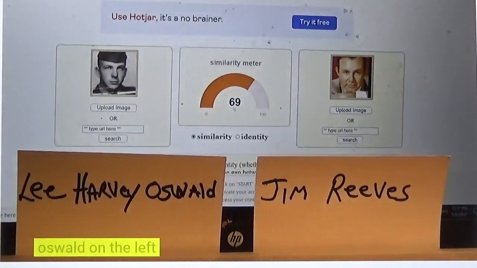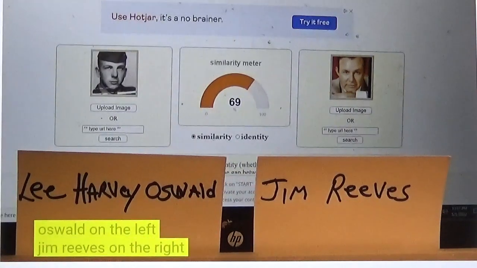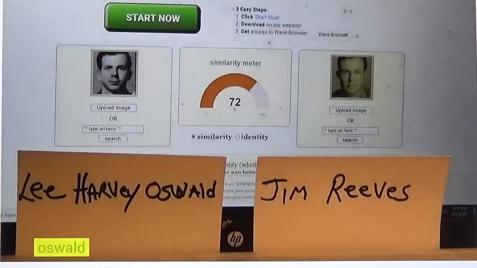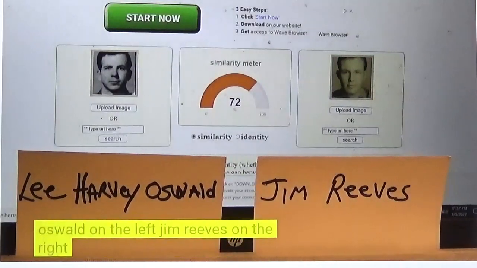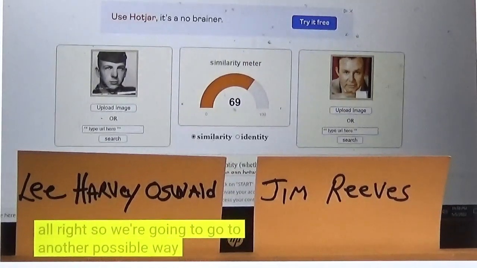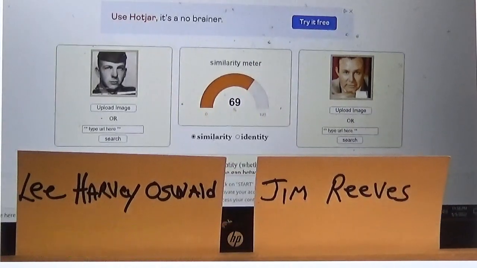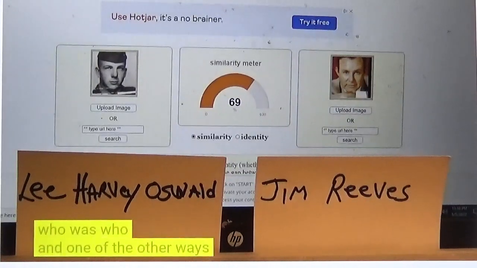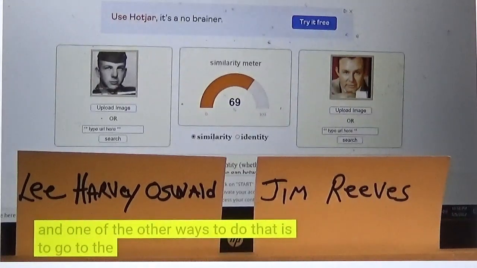Oswald on the left, Jim Reeves on the right. All right? So we're going to go to another possible way of showing you who was who. And one of the other ways to do that is to go to the wives.